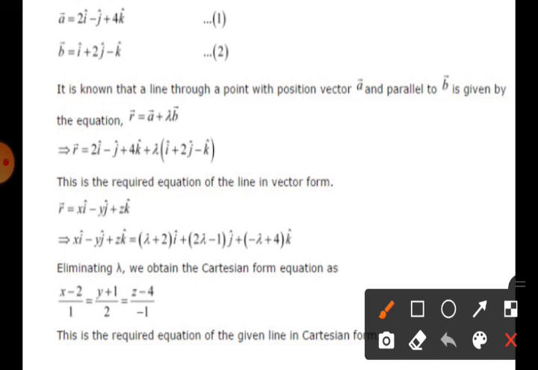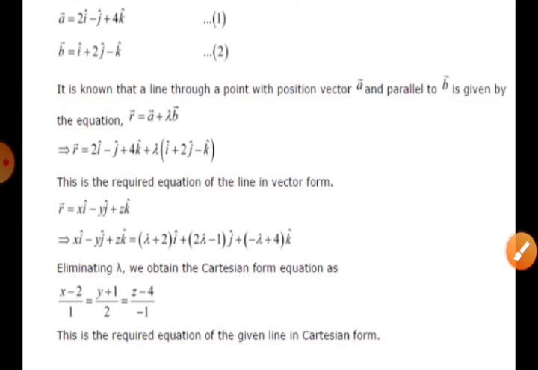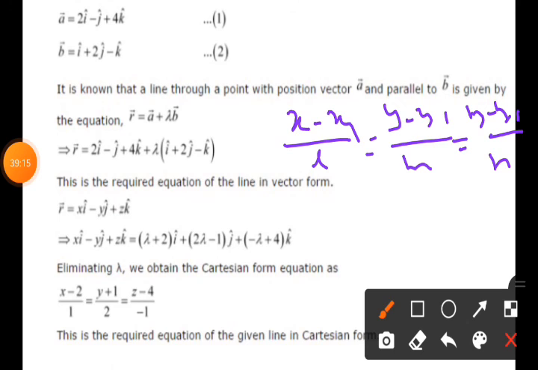Now look at the formula: x minus x1 by l is equal to y minus y1 by m is equal to z minus z1 by n.